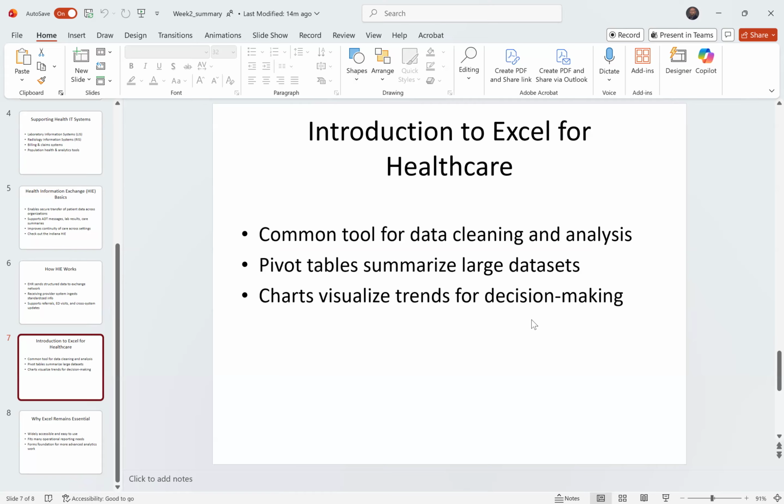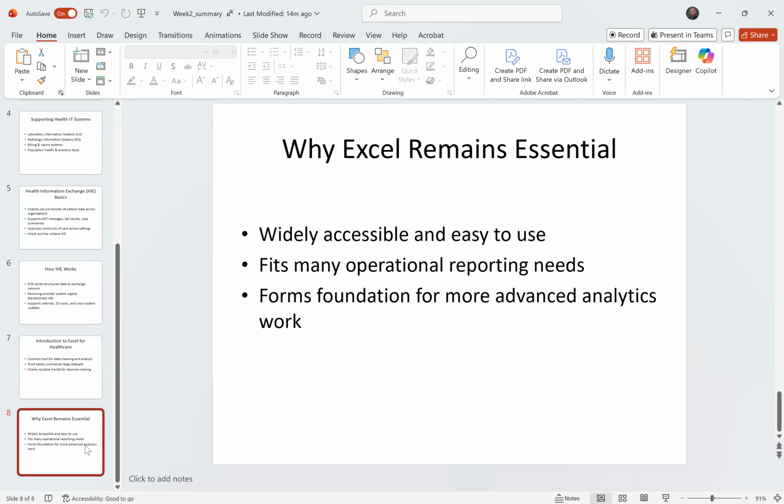For our purposes, it's the most common tool for analysis, and we'll talk about data cleaning, and you'll be doing this in some of your tasks, including pivot tables. But it's also a wonderful resource to visualize trends. Data is boring and hard to actionalize, but we can tell a lot more when it's visual to make decisions. So Excel is probably the most essential tool, and we will be focusing on that in this class.